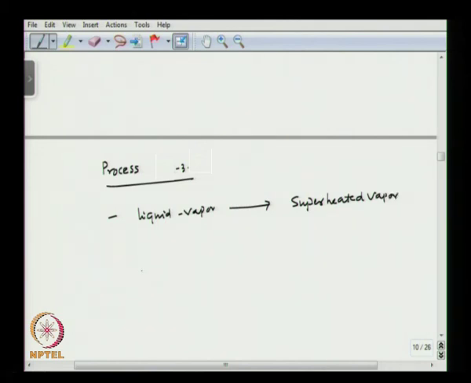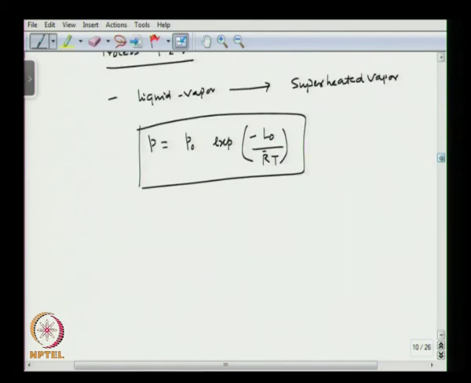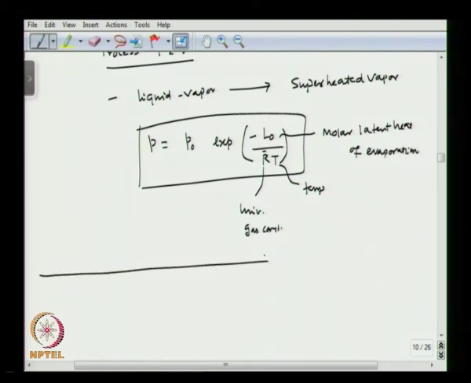There the pressure could be determined as P0 times exponential of minus L0 over RT, where R is the universal gas constant, T is temperature, and L0 is the molar latent heat of evaporation of the liquid. So, let us stop here and we will continue our discussion with the microvalve.